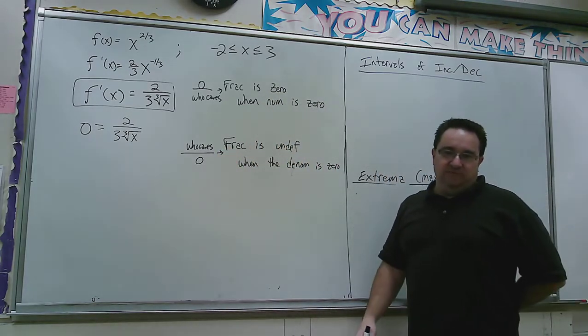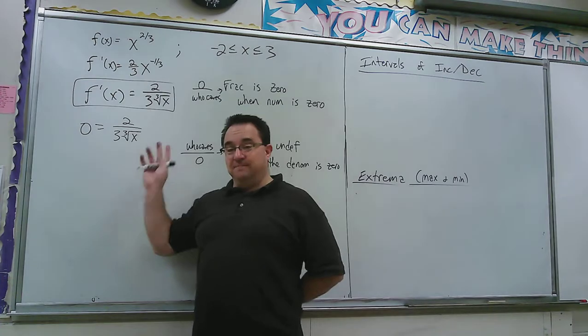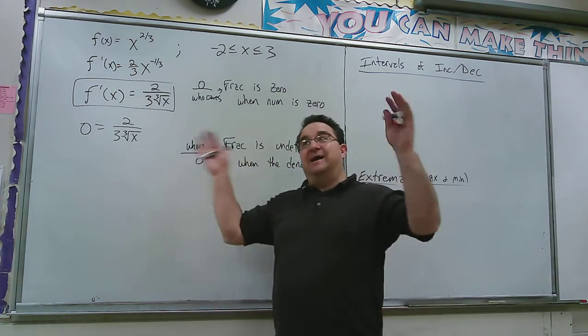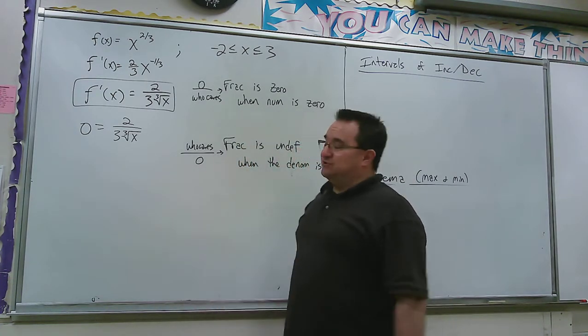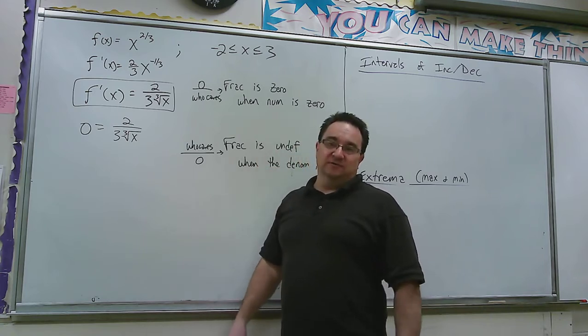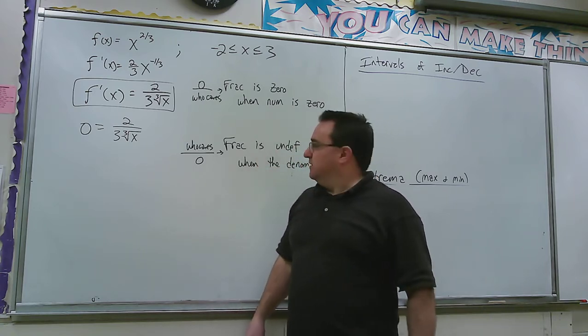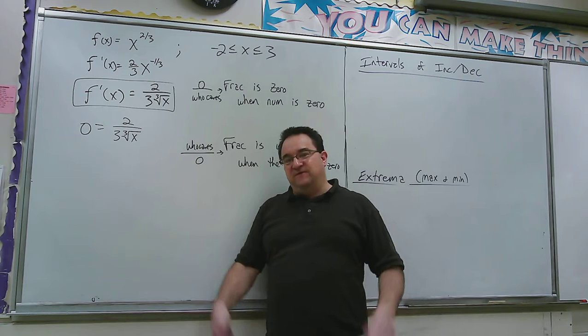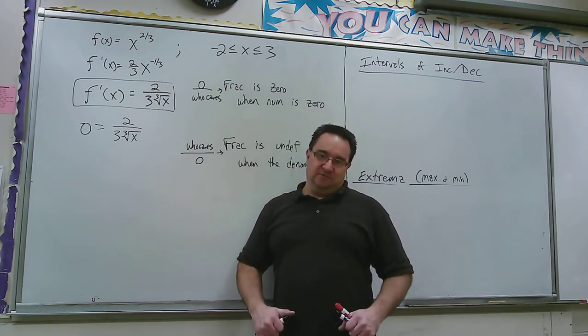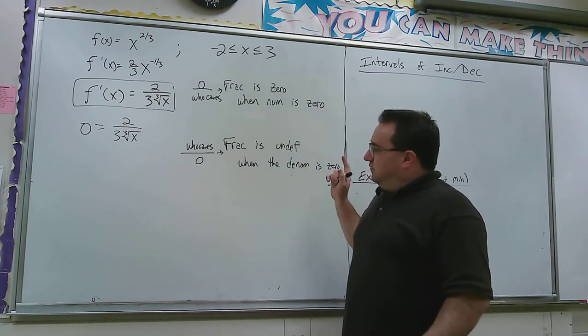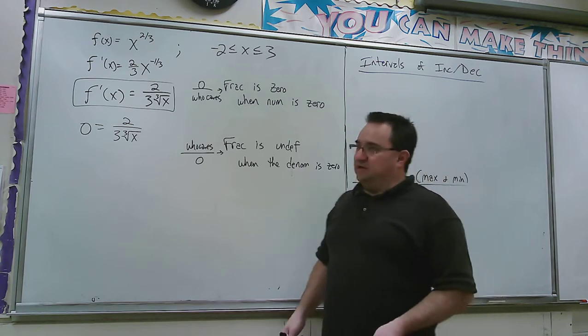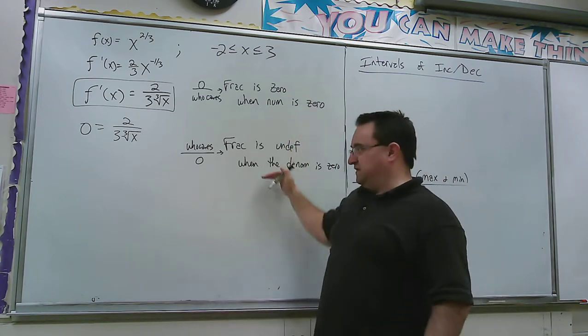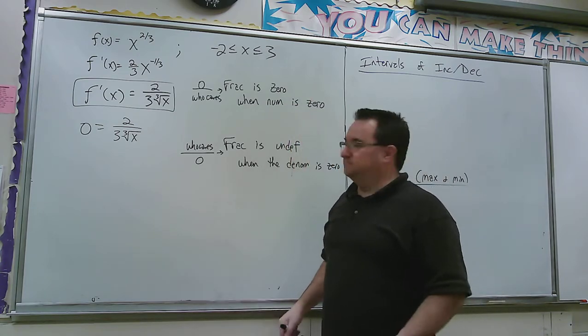That is what you're looking for. I don't care how complex the fraction is. There could be a lot going on. A fraction is 0 when the numerator is 0 and the denominator is not. And a fraction is undefined when the denominator is 0. See, so maxes and mins can occur in both scenarios. So you got to check both of them.